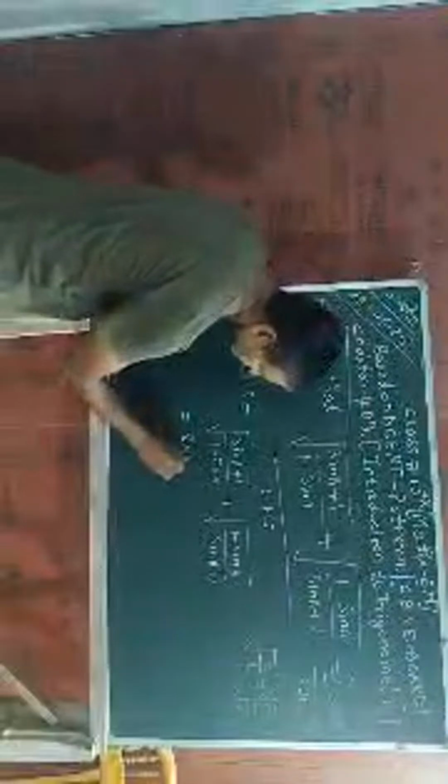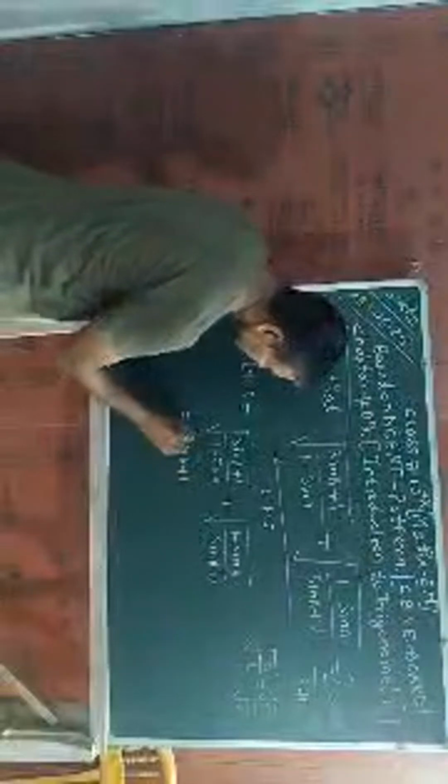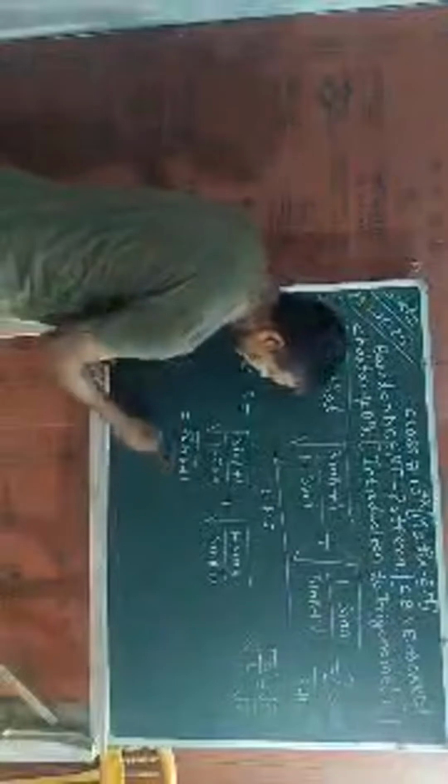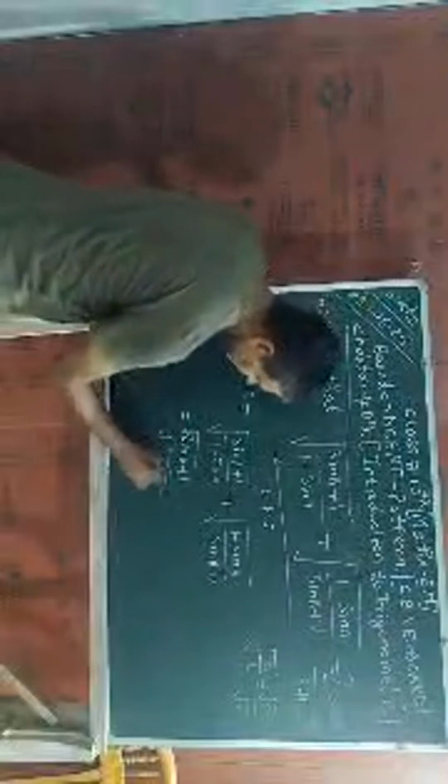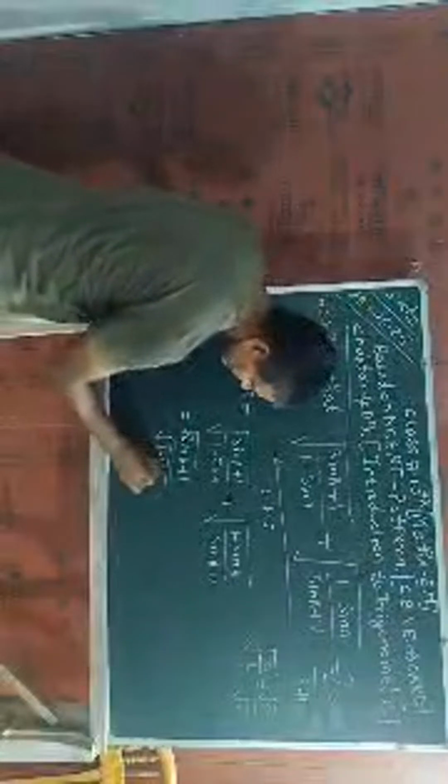Here I will explain one concept. If a value a divided by b is written in square root, I can separate it as square root of a divided by square root of b. So I can write square root of (sin a plus 1) divided by square root of (1 minus sin a).